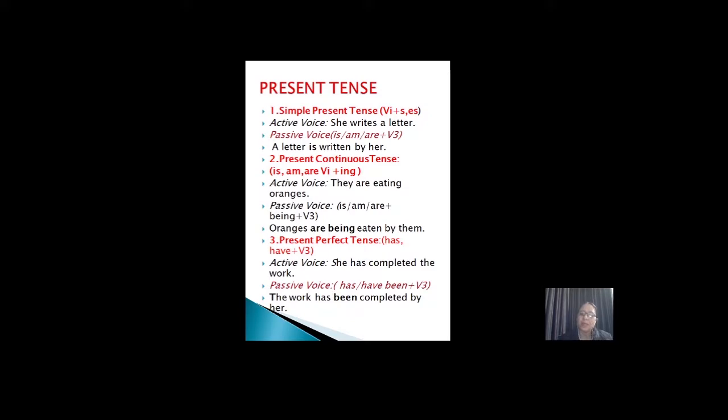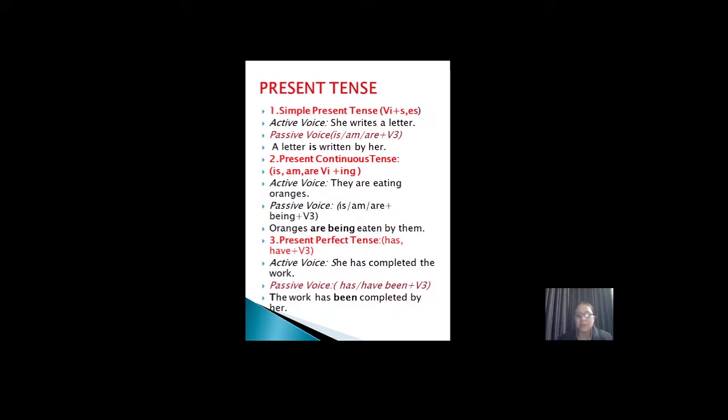Clear? Now third we have present perfect tense. What do we use here? Has, have plus V3. Active voice: She has completed the work. Now passive voice, again a bit of change there: has been, have been plus V3. Here we have added again one word, been.